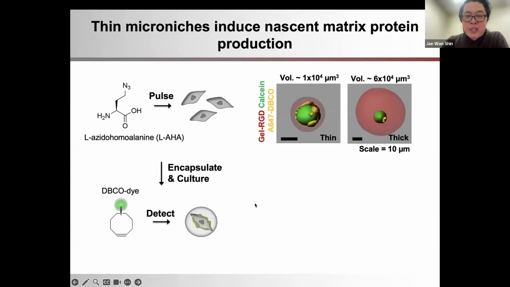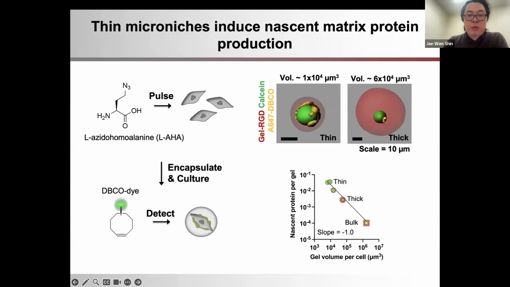And we show that the amount of newly synthesized proteins deposited around single cells is increased when cells are encapsulated in thinner gels, the microniches, compared to thicker microniches. And there is this relationship there.